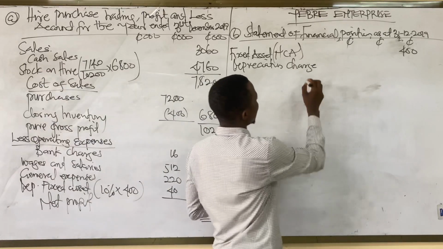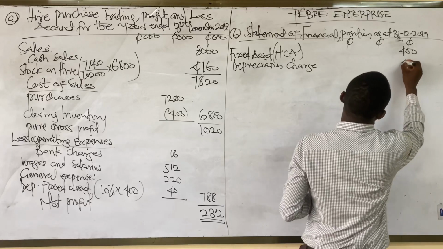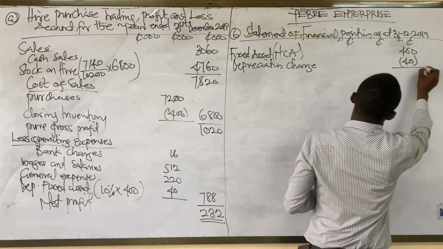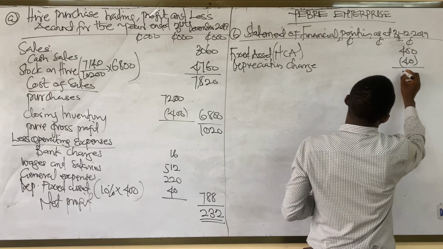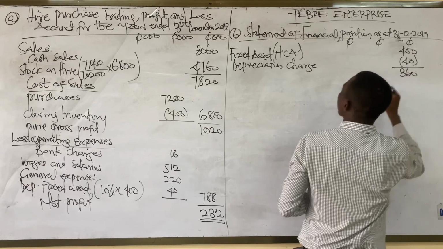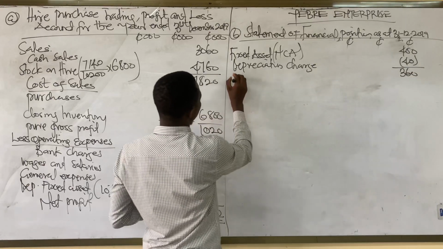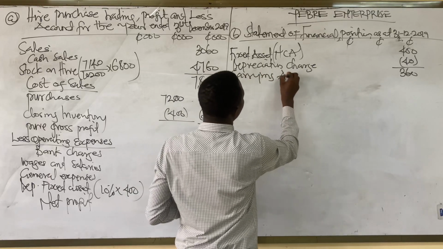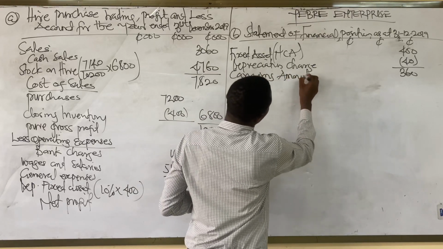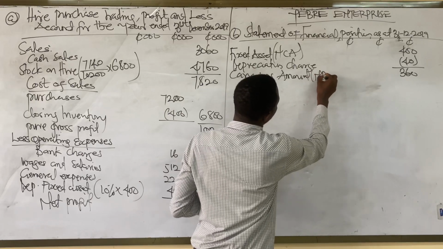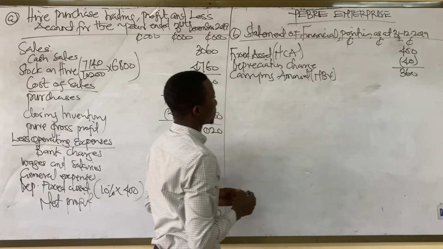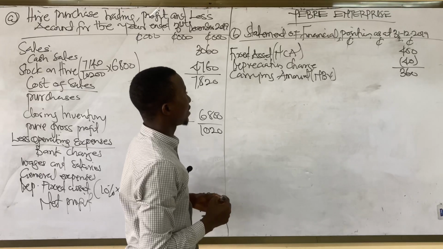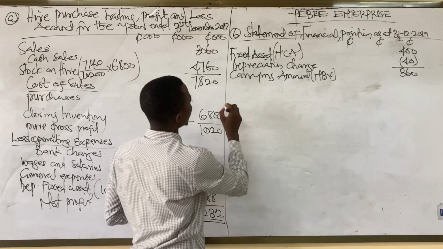So we are taking the depreciation charge of an amount of 40. Then the carrying amount becomes 360, or the net book value. Is that okay?